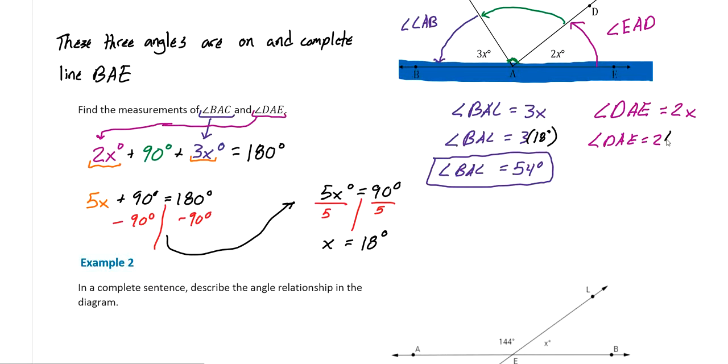Same deal, instead of x, I'll put 18 degrees. So measure of angle DAE will equal 36 degrees.